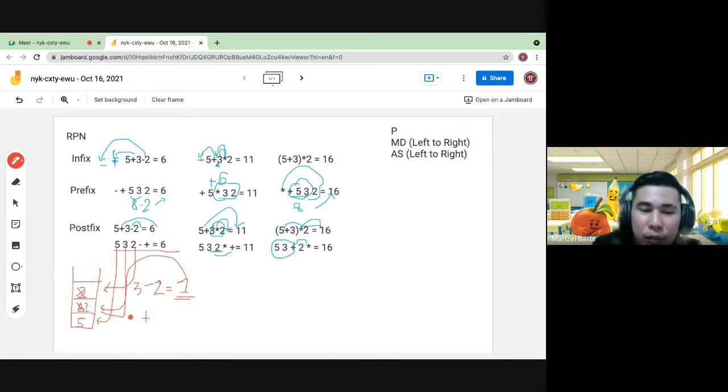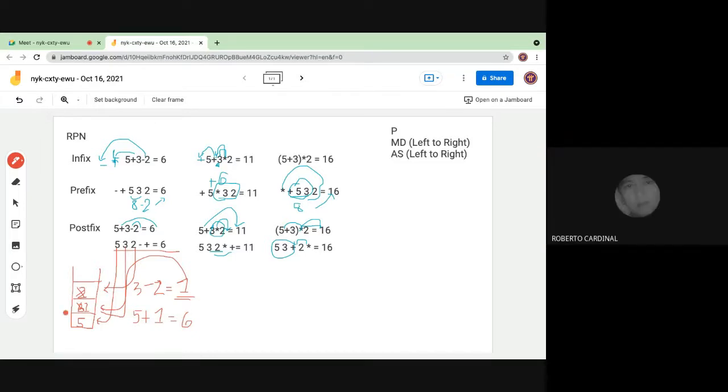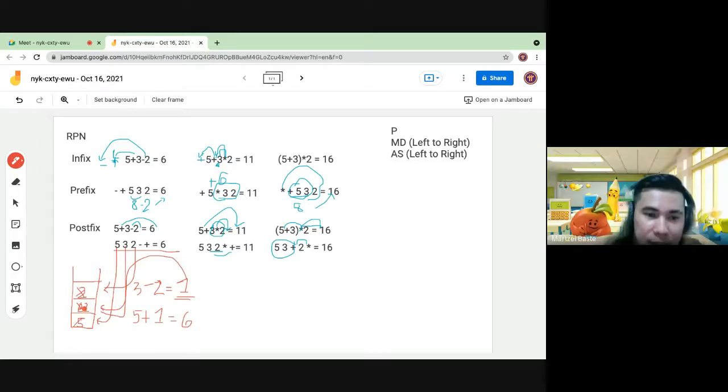Pag pop niya, what will happen? So, first is 1 and then 5. So the resulting value will be 6. So, na-erase na ning 5, na-erase ang 1, ipush nimo balik ang 6 sa stack.